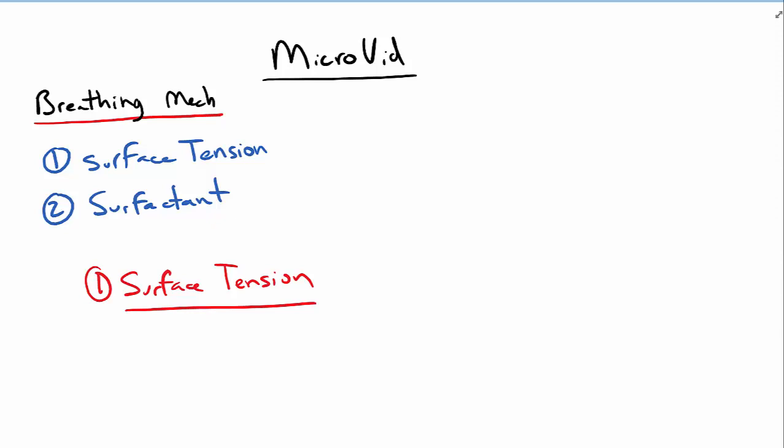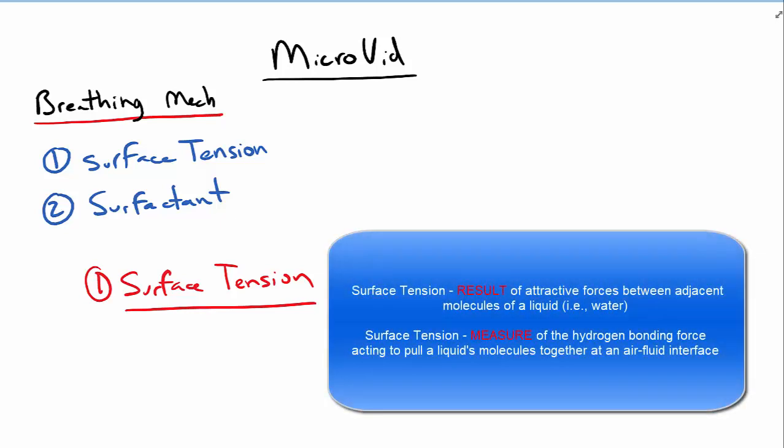As we've mentioned before, surface tension is a result of the attractive forces of the hydrogen bonds between molecules of water. And because these water molecules have attractive forces between them, that is hydrogen bonds, when these water molecules are up against a gas-liquid barrier, the forces are unbalanced.